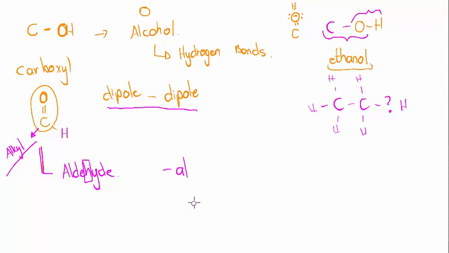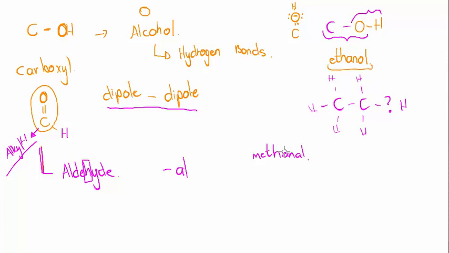If I name them, you guys know this, I'm not going to focus on that. That's simple enough. But for example, if I have one carbon in this chain of alkyls, only connected to another hydrogen, this would be methanal. Between methanal and ethanal, which one do you think has the strongest forces?